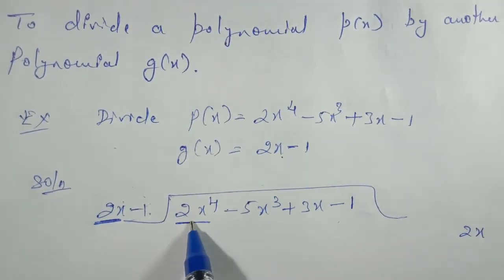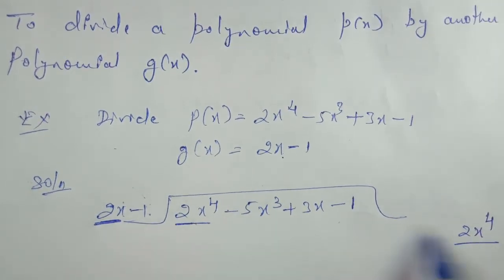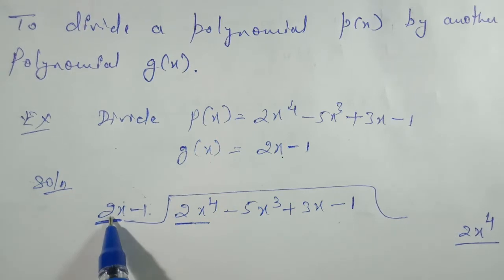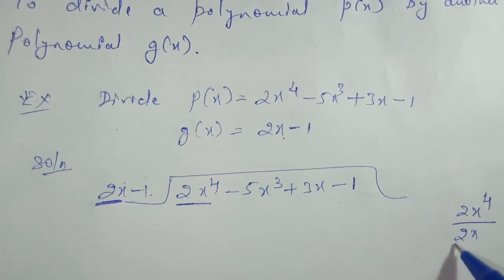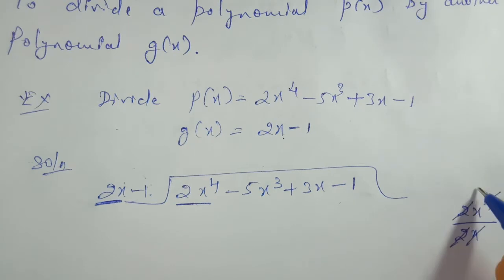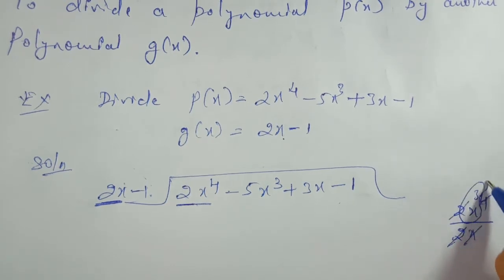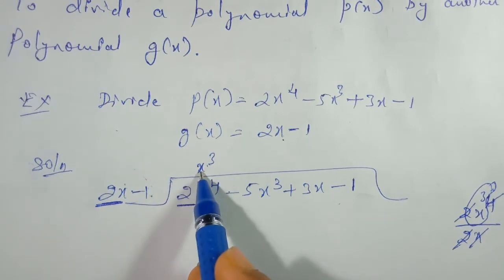Take the first term, that is the highest power term of the dividend, at the numerator and the highest power term of the divisor at the denominator. Now check the cancellation between them. 2 by 2 will be cancelled. We have x to the 4 and 1x, so 1x will be cancelled. How many x are left? x cube. So we get the first term of the quotient.